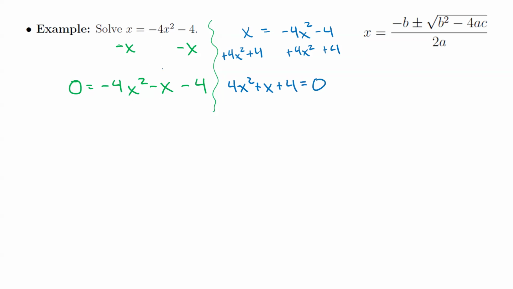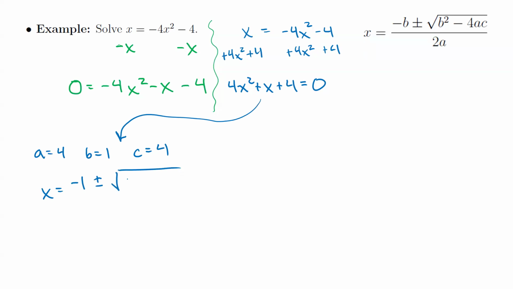This is not incorrect over on the left, but it's a little harder. So I'm going to go with the blue one. A is 4, B is 1, C is 4. So we have x is equal to negative 1 plus or minus the square root of 1 squared minus 4 times A times C, all over 2A.